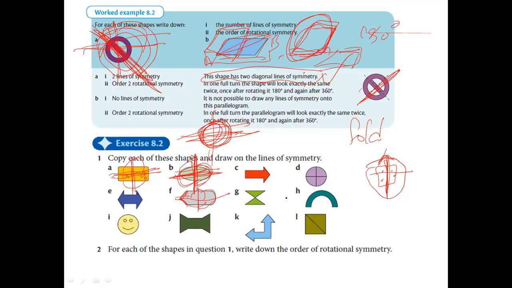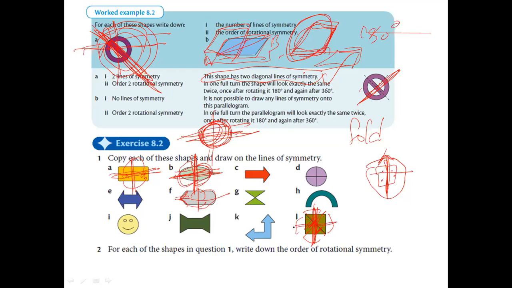For example, this last one has all sides equal. What was the name of this shape? It was a square. When you divide by the diagonal, your two shapes are equal to each other. Or if we divide horizontally or vertically, you get the same shapes.